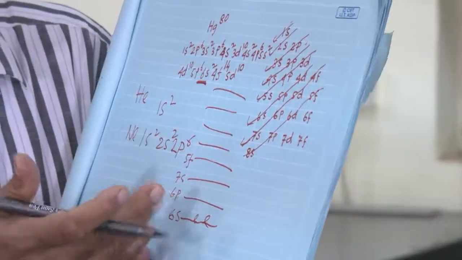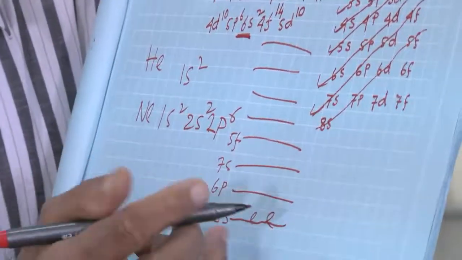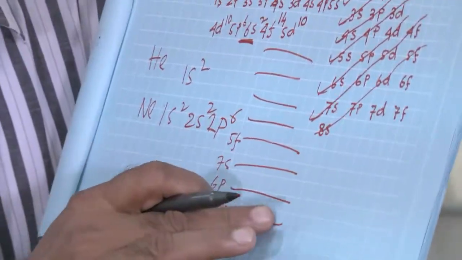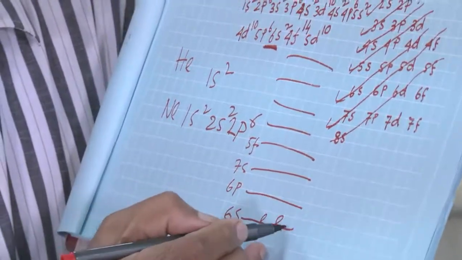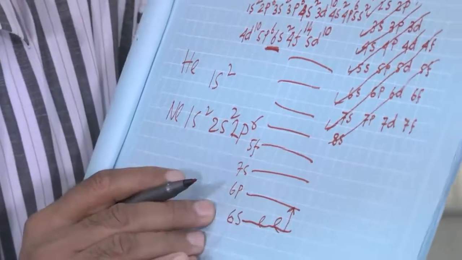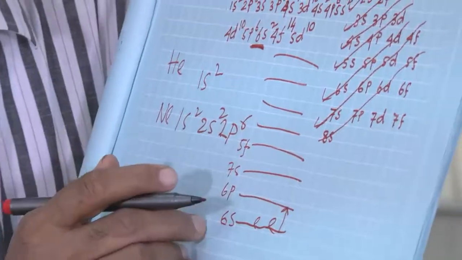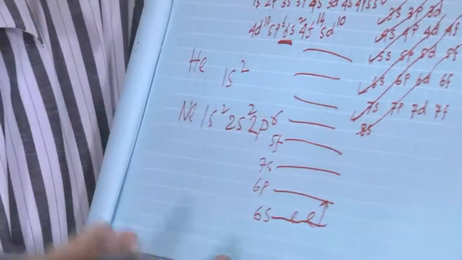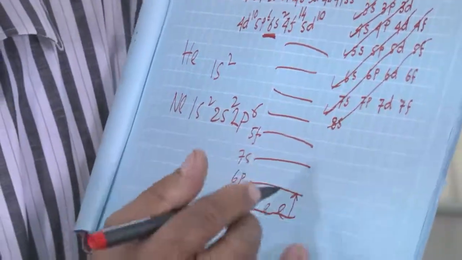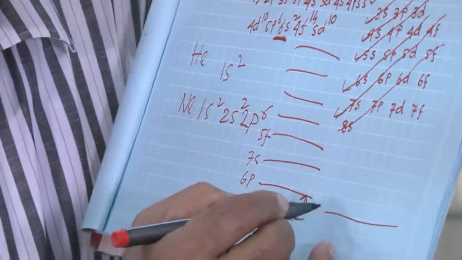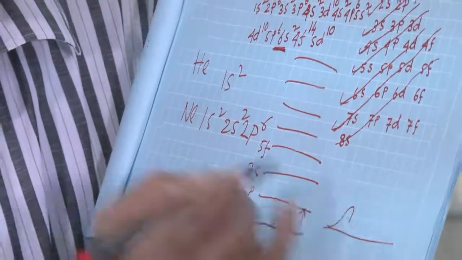If you hit, depending on the kinetic energy of the electrons, this electron will absorb that energy and jump here. Because of this you are getting the first drop.